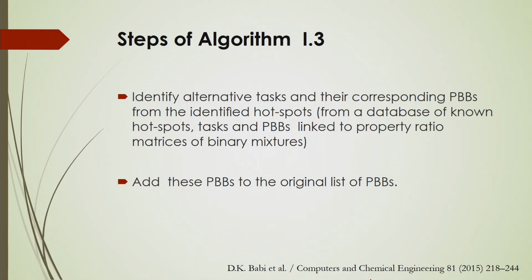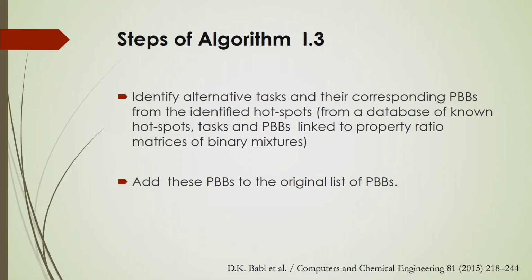And then the steps of algorithm 1.3, in this case also you have to identify the alternative tasks and their corresponding phenomena based building blocks from the identified hotspots. This is also again from the database of known hotspots, tasks and phenomena based building blocks linked to the property ratio matrices of the binary mixtures.